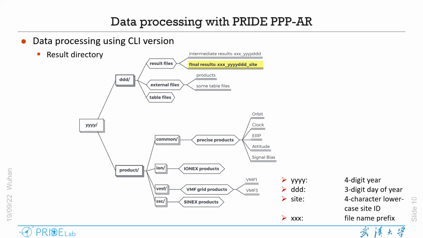The VMF directory stores the grid files required for the VMF1 or VMF3 ZTD mapping functions. The SSC directory stores SINEX files for extracting station coordinates in the F mode.